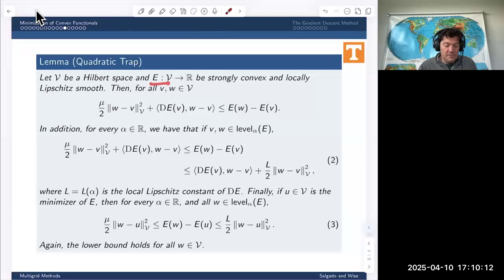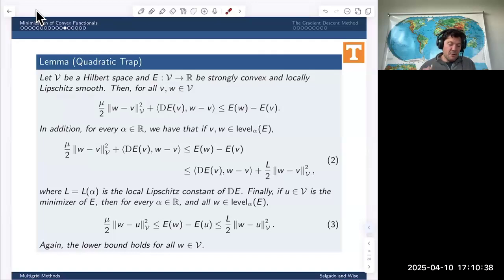I'm going to stop pretending that this is some average run-of-the-mill function, and I'm going to call it the energy functional. That's why we chose the symbol E for this. And as I said, we're always going to be assuming, or at least 95% of the time, that the energy functional is both strongly convex and locally Lipschitz smooth.